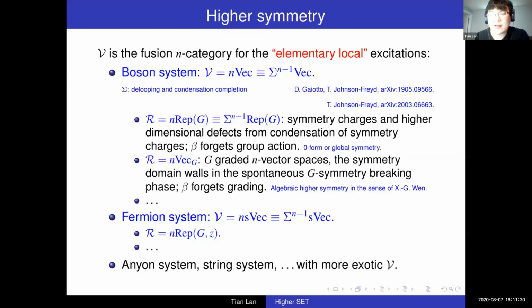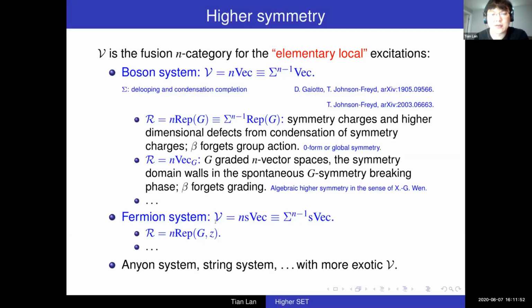This is referred to by Xiaogang as the algebraic higher symmetry, because if you really apply topological duality here, you will get some kind of higher Hopf algebra that is not a higher group. And this is for boson systems, and there are of course possibly other examples.